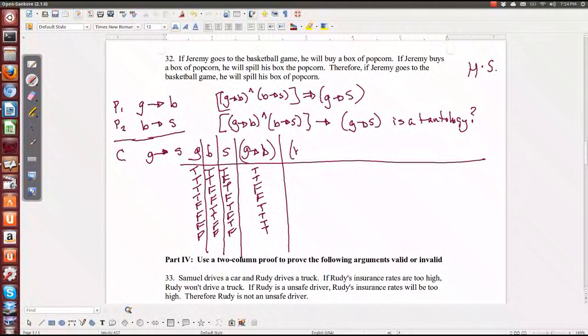I've got B conditional S, and that's going to be false on the second row and sixth row.